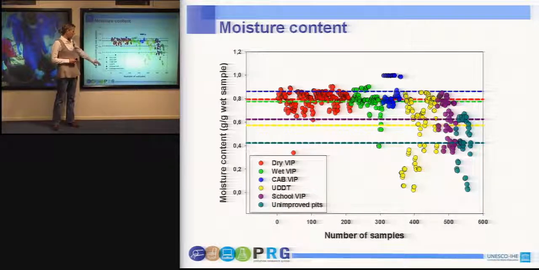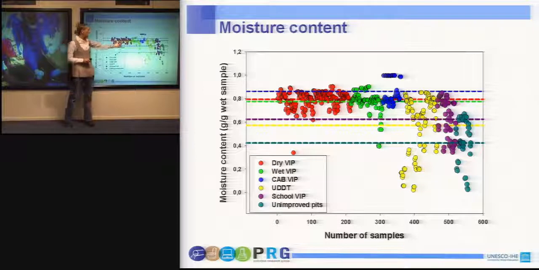So what we see, for example, in red, are the dry ventilated improved pit latrines, and we see a wide range of moisture content. This varies depending on the location of the pit where the sample was selected, also depending on the number of users, etc., factors that we mentioned early on.